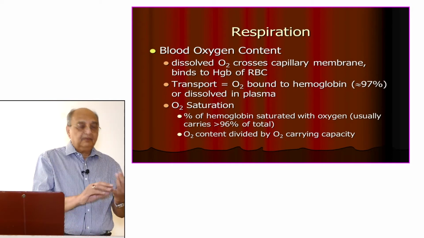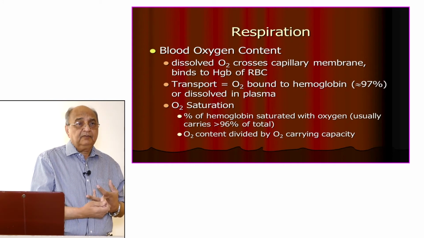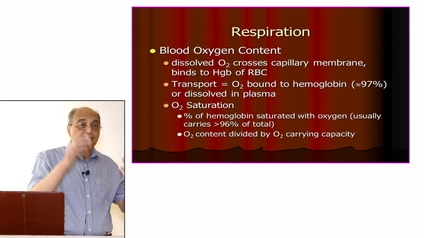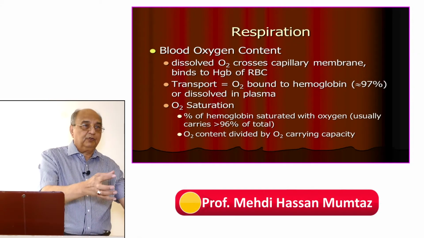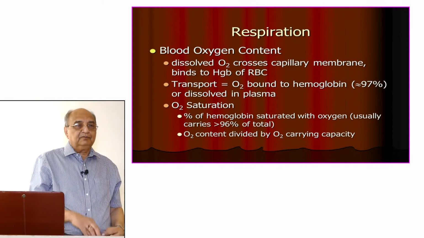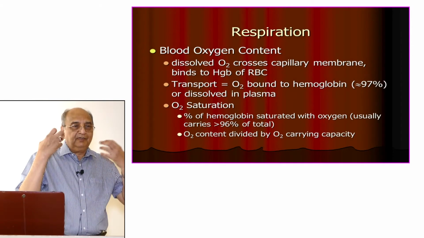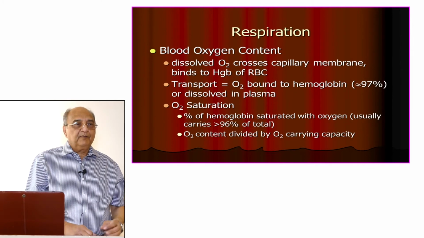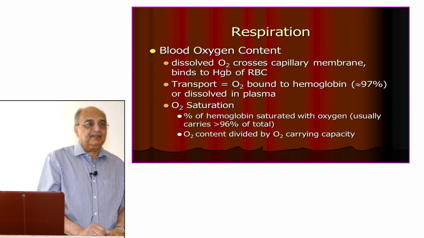When the patient is hypothermic, alkalotic, or if the 2,3-DPG level is less, then it shifts towards the left. It means hemoglobin is like absorbing paper, so it will accept oxygen very quickly, but it will not give oxygen to the tissues very easily.